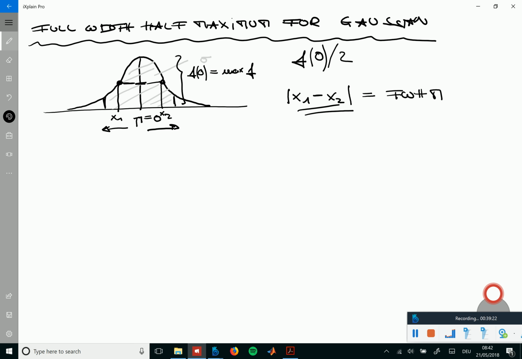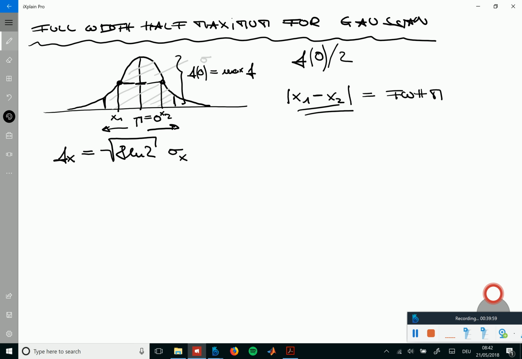But nevertheless, the full width half maximum of a Gaussian can be analytically determined, and it falls out as the following equation. I call it f, so don't confuse it with the function here. I just call it f because I didn't want to write FWHM all the time. The full width half maximum of a univariate Gaussian evaluates to square root of 8 ln 2 times the standard deviation of the Gaussian.